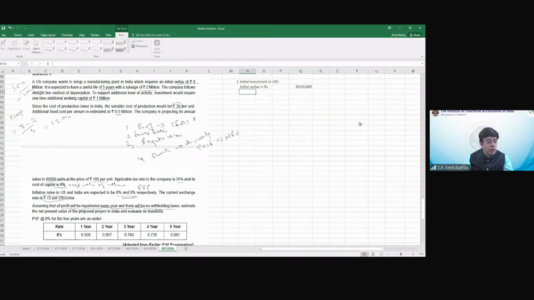Then I will add additional working capital, that is 10 lakhs. Total outlay in rupees is 90 lakhs.